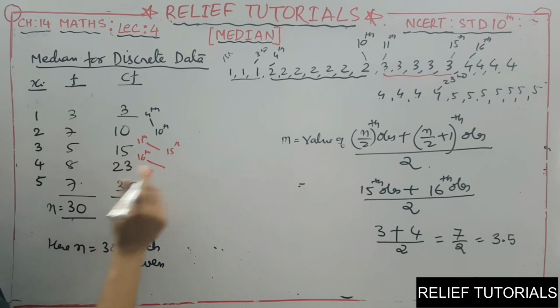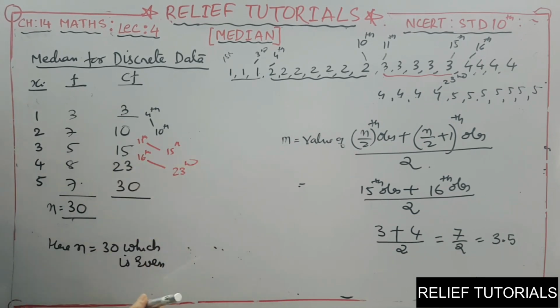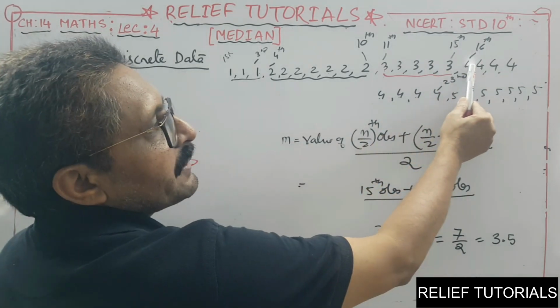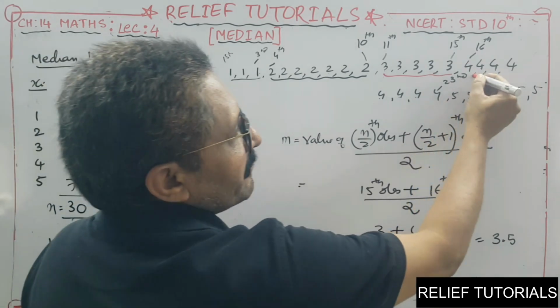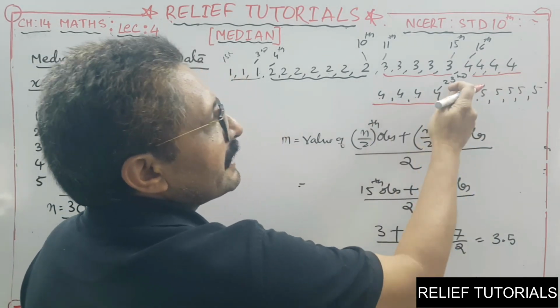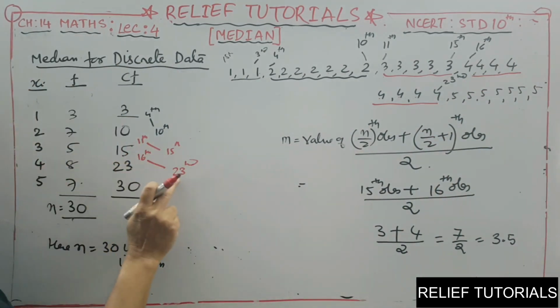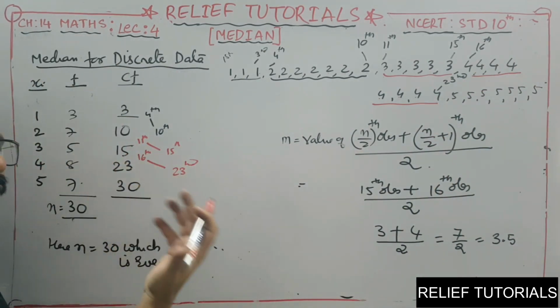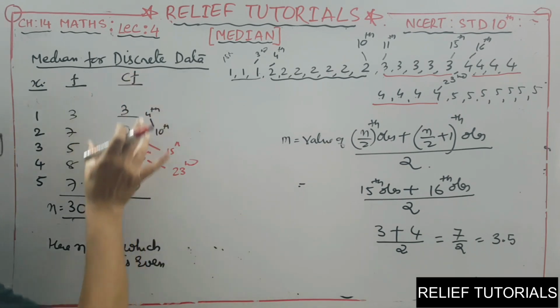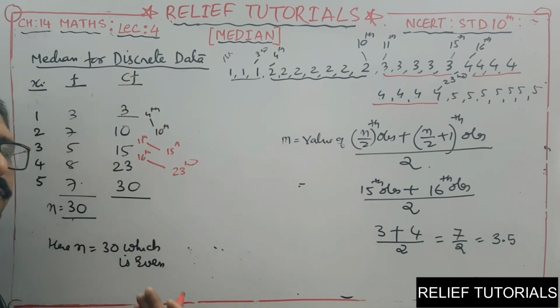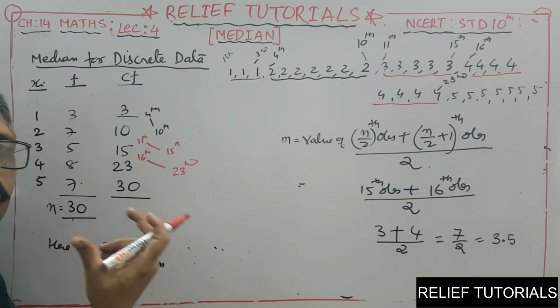From the 16th to the 23rd observation it is 4. So that information we will get from the cumulative frequency. As a result, cumulative frequency is necessary while we calculate the median for grouped data.